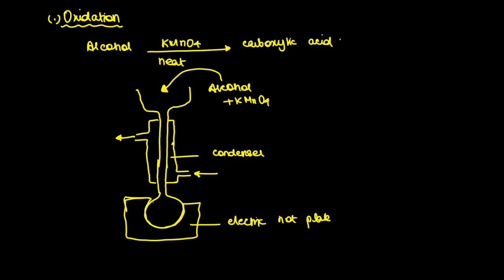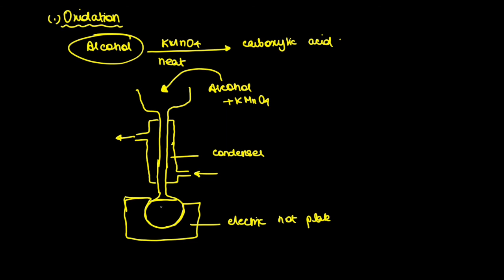Now the process requires heat, but you also know that alcohols are volatile, like they evaporate at very low temperatures. So that's why we are using this apparatus. Otherwise, we don't need to.